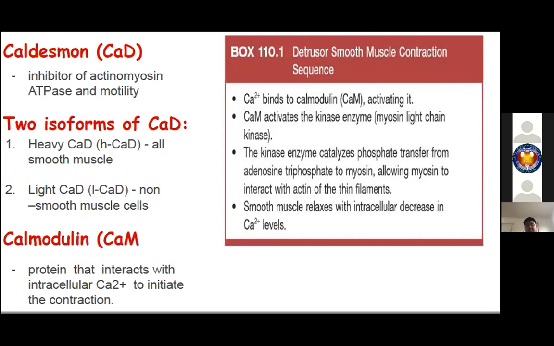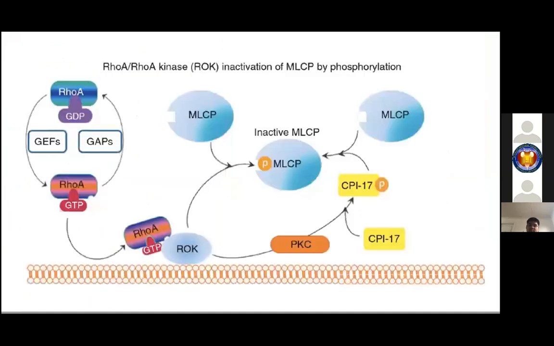Caldesmon is modulated by another protein, calmodulin, that interacts with intracellular calcium to initiate the contraction. So in this box, we can see the detrusor smooth muscle contraction sequence, wherein the key step in smooth muscle cellular contraction is cross-bridge formation of myosin II heads to actin, which is dependent on the rise of the intracellular calcium.